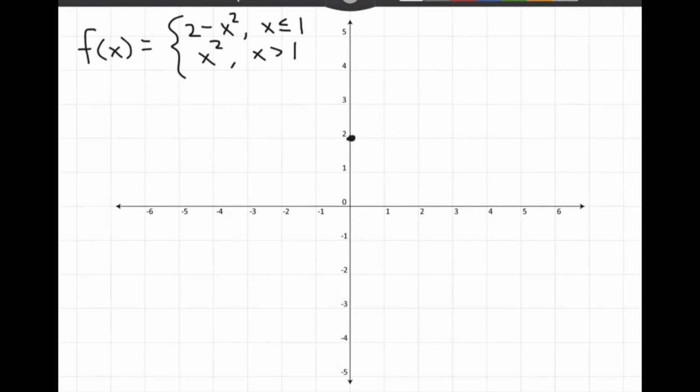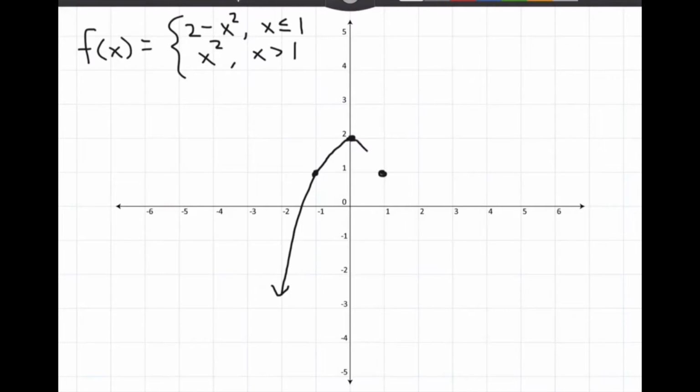Okay. And so that's going to do something like this. And it's just going to continue down this way. All right, and that rule applies all the way up to x is less than or equal to 1, which is going to put us right here.